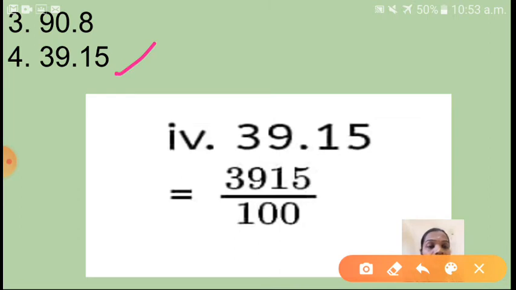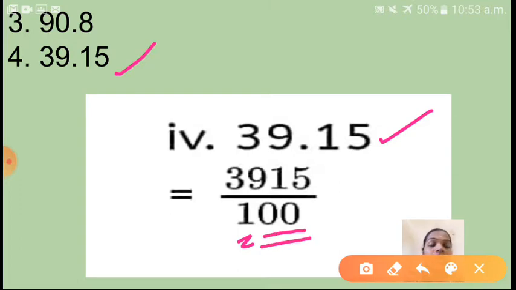39.15. I have written it here, 39.15. The first step is, ignore the decimal point. So that is 3915. Upon what do you have to write? This 1. After the decimal point, how many digits are there? Very good, 2 digits.